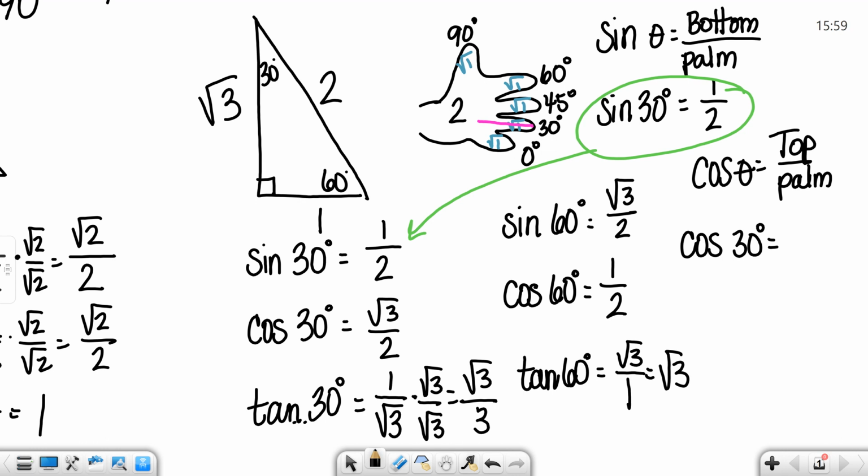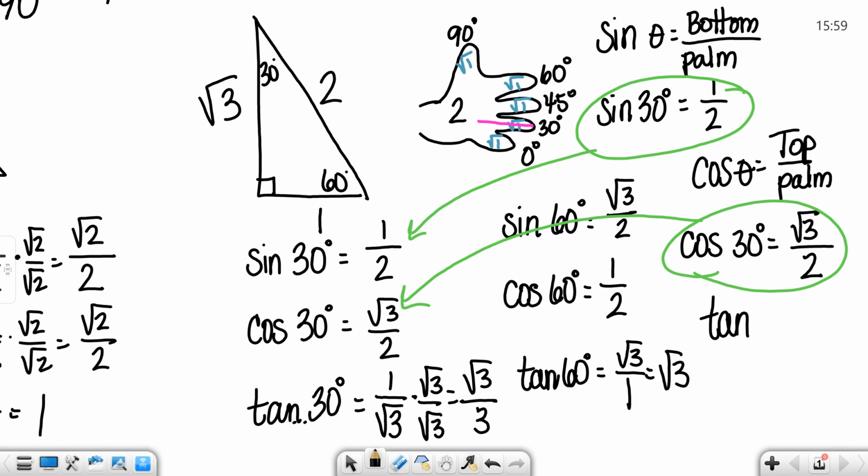The stuff that's on top, I have 3 fingers: 2 fingers and my thumb. They all have a square root of 1, so I call that square root of 3 because I have 3 of them. That's where it gets a little tricky. So I call that square root of 3, and then in my palm I have 2. Oh, look at there, guys. The square root of 3 over 2 is definitely the cosine of 30. This is such a cute little trick.